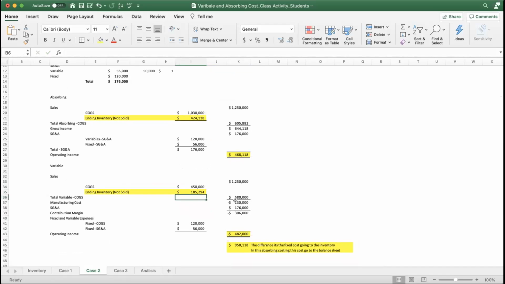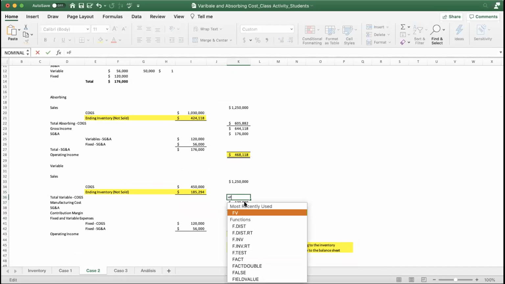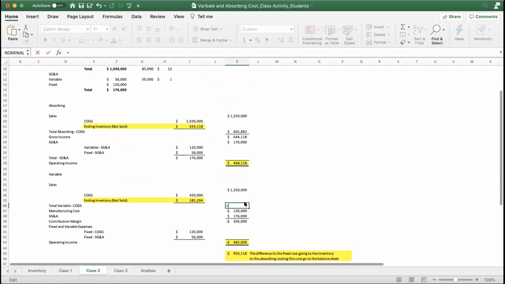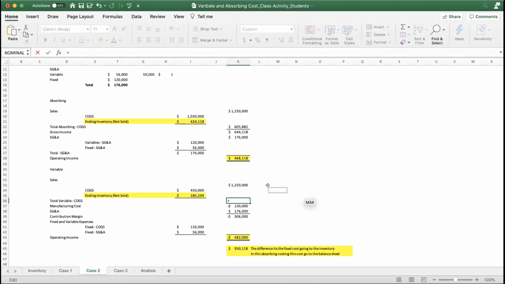Now, why did you have 580,000 again on total variable? I don't know. So what number should you have there? The addition of these two? Yes, but why addition? Because it says total variable of COGS. Well, yeah, but explain to me why addition.